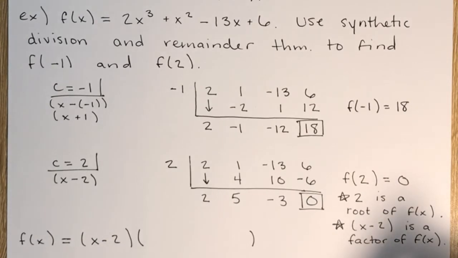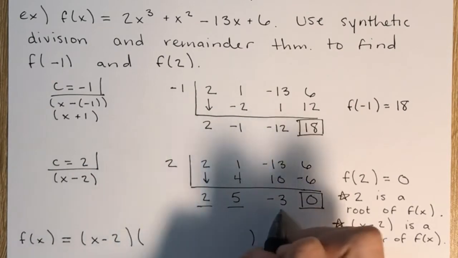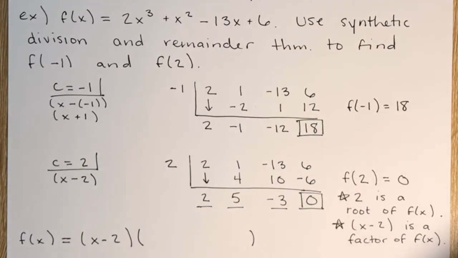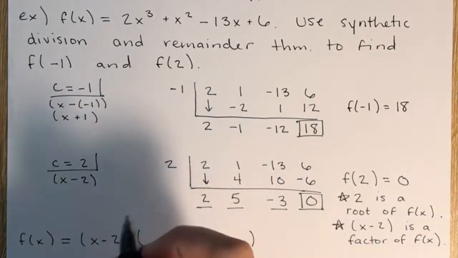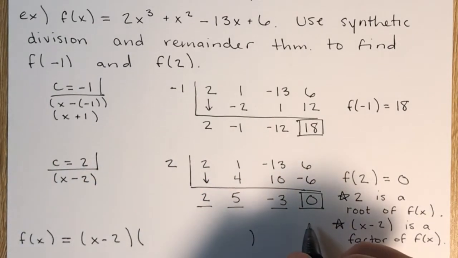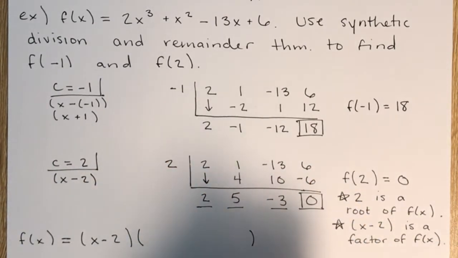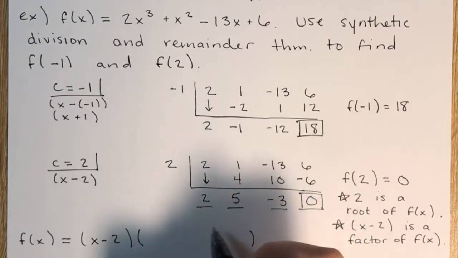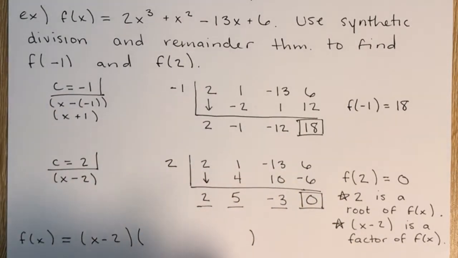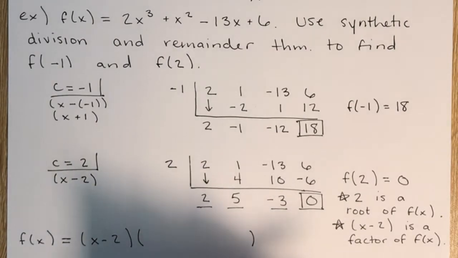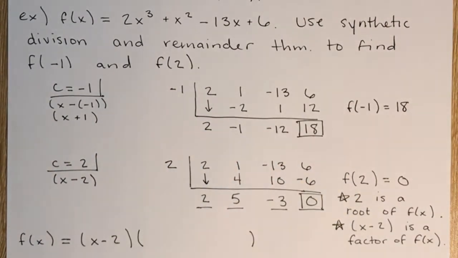What is the quotient here? We use these guys. Those are our coefficients for our quotient. Again, if that feels unfamiliar, definitely go back and watch the last video on dividing polynomials. In the second half of the video, I talk about synthetic division and explain all of this.